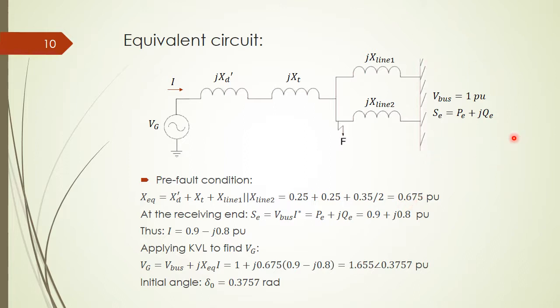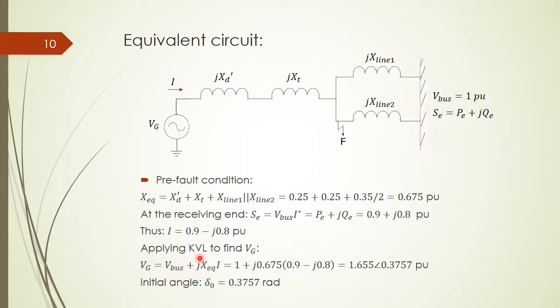At the receiving end, we know the apparent power already is given as this form, but we also know that it is V bus times the current conjugate. And therefore, here we have V bus equal 1 pu, so I equals the conjugate of 0.9 plus j0.8, which is 0.9 minus j0.8 pu.